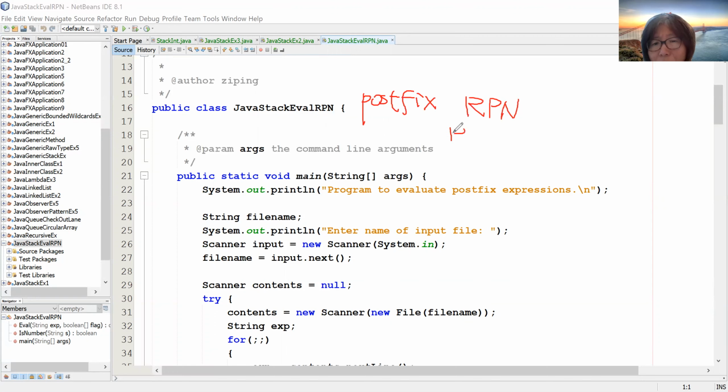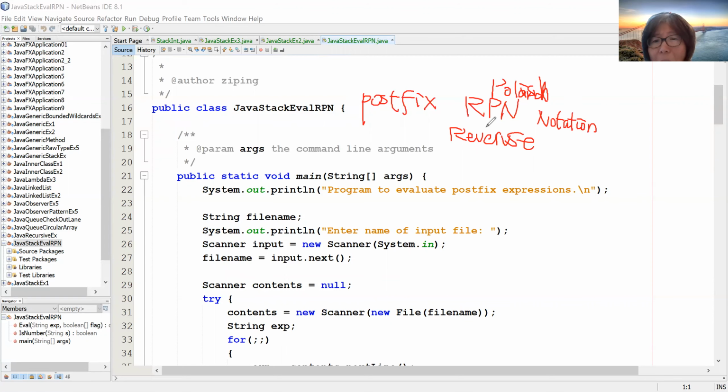RPN means reverse Polish notation. The P means Poland, because the postfix expression was first proposed by Polish mathematicians. So that's why we call it reverse Polish notation.